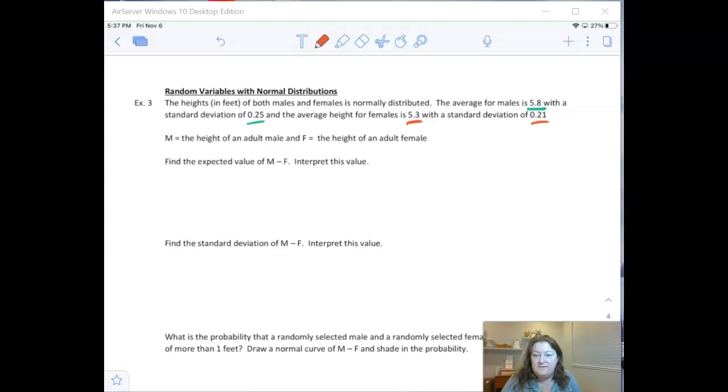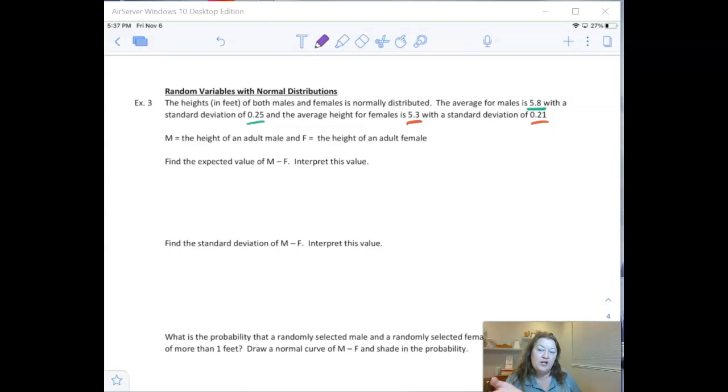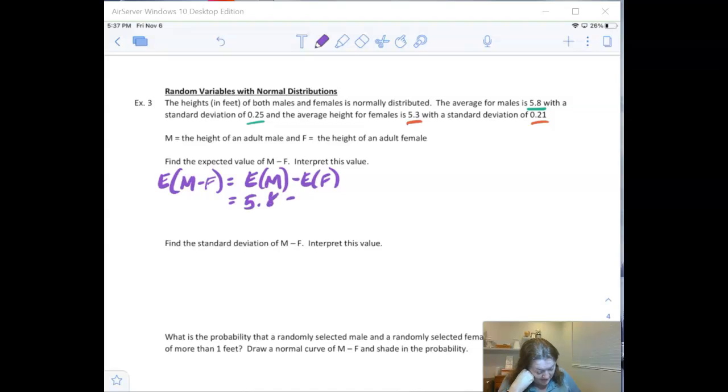They said find the expected value of M minus F. So we're basically saying, on average, how much taller are men than women? The expected value of M minus F is just going to be the expected value of M minus the expected value of F. And they already told us the means were 5.8 and 5.3. So we have 0.5 feet.